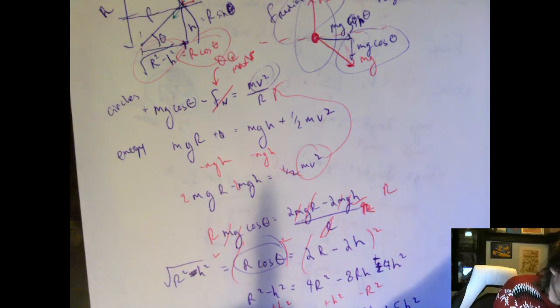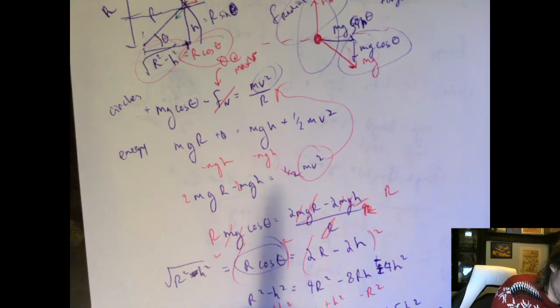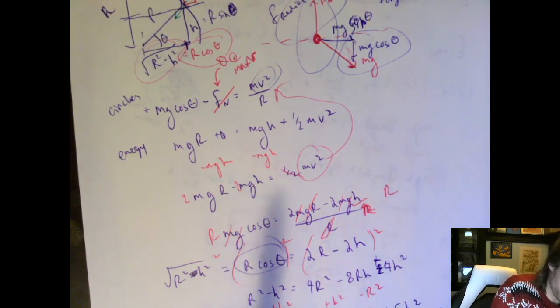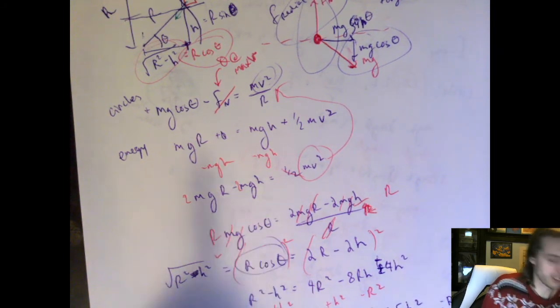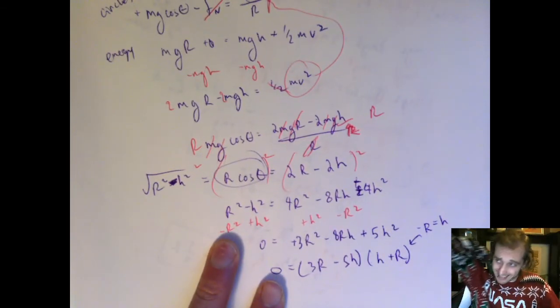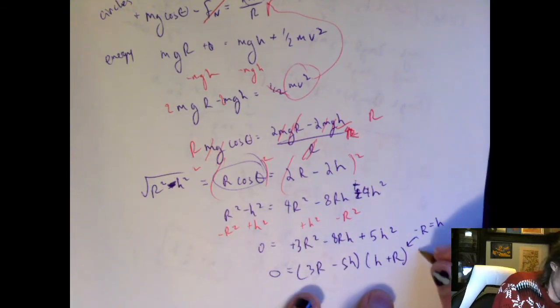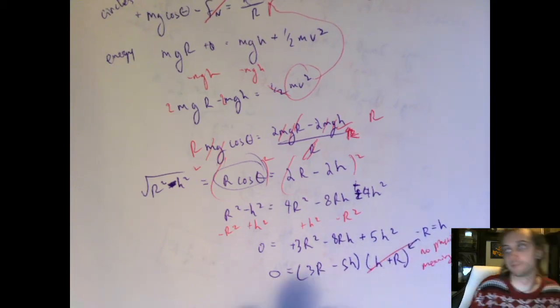If I factor it out, I'll get 3r minus 5h times h plus r, and this equals 0. One solution is that negative r equals h, and that means that it'll fall off when it's under the hill. That's not super relevant, so no physical meaning, and I can ignore it.